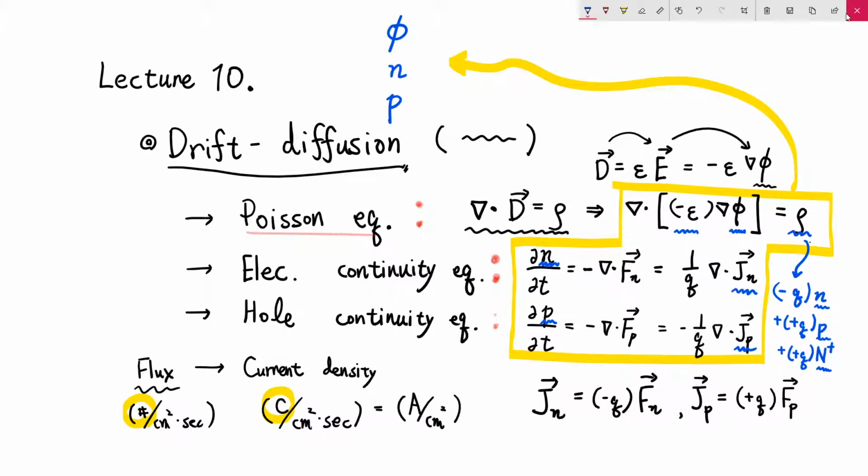We have no idea about the functional form of Jn and Jp, and in order to make this system determined, we have to say that Jn and Jp should be written as functional forms of phi, n, and p.